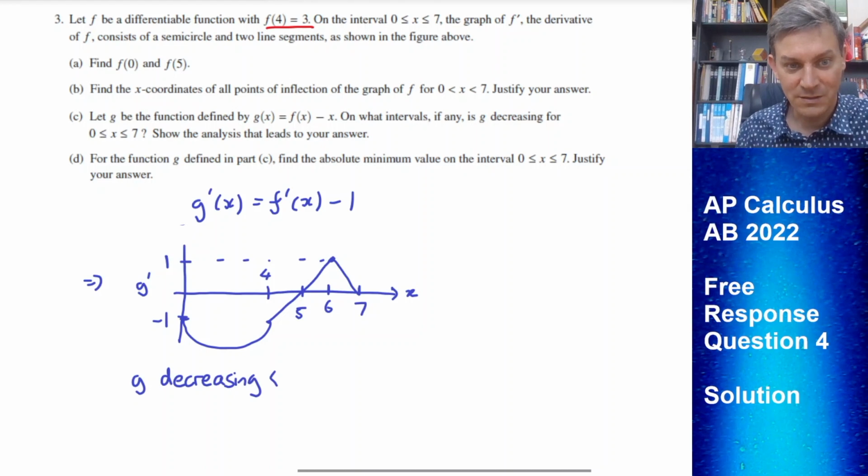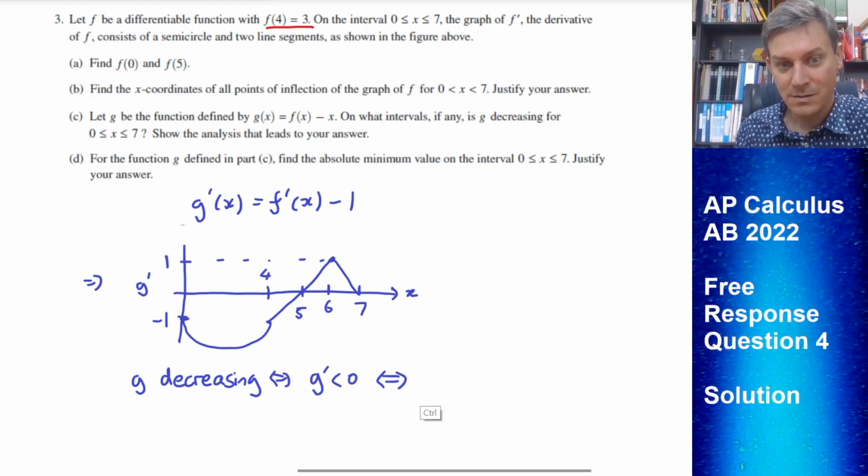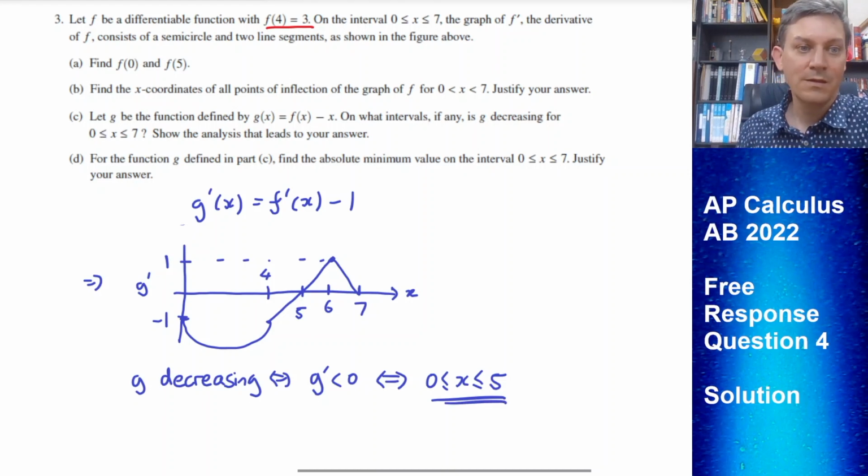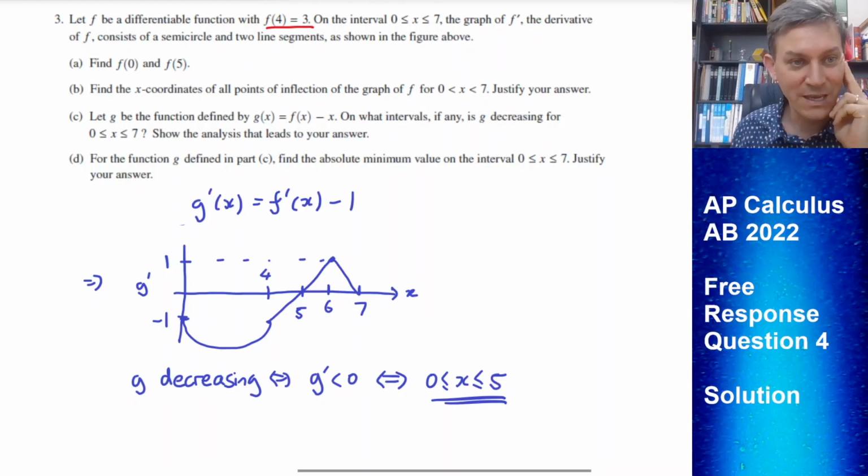So g is decreasing if and only if the gradient g prime is less than 0, and this only happens if x is between 0 and 5. Okay, that's the end of part C. So the analysis is just what I've done here.